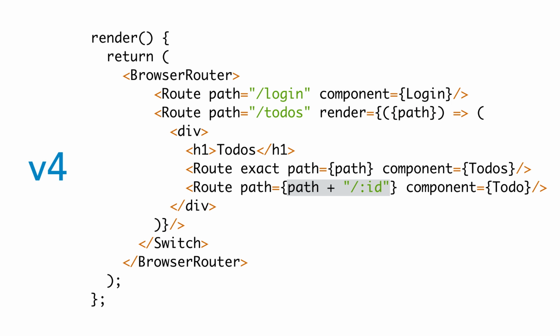And what I can then do is use that path to dynamically assemble subroutes. So this saves me having to write /to-dos over and over again. This is one way in which you can do nested routes with React Router v4. A little bit more work, but it's a lot more explicit about what's going on. You've got a lot more flexibility and degrees of freedom as to how you structure things.